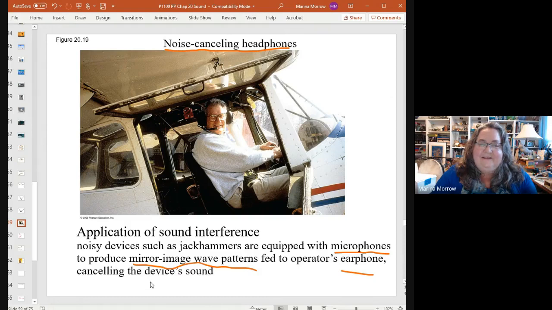And that cancels out the outside noise. So this is really important for someone with a jackhammer to protect their hearing. Or in this case, a person in an airplane. Airplanes are very noisy, but you still want to hear what the traffic controller is saying. So the sound that's coming in has to get canceled from outside. So they have noise canceling headphones.